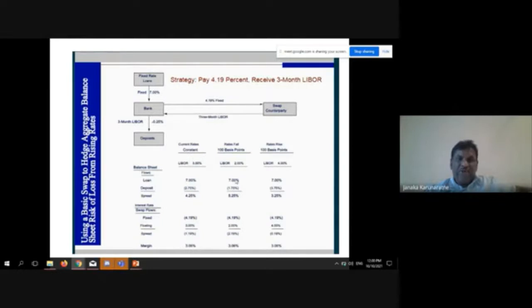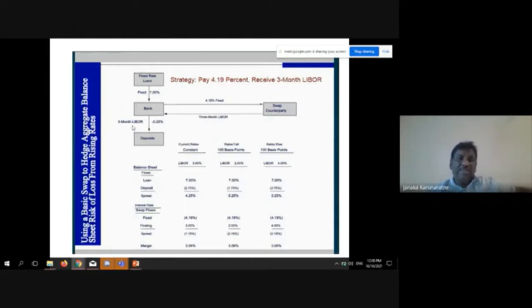If LIBOR even goes down, my net margin would be this. Even if LIBOR went up, my net margin would be this. So I am comfortable. I know I will end up with a net margin of 3.06. Even if LIBOR went up to 5%, 6%, 7%, I am not worried. 8%, I am not worried.